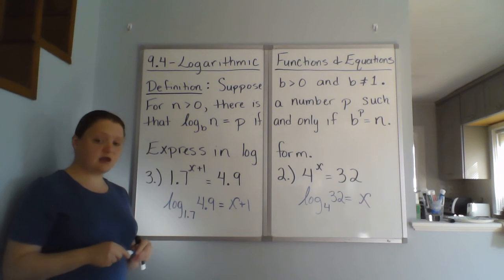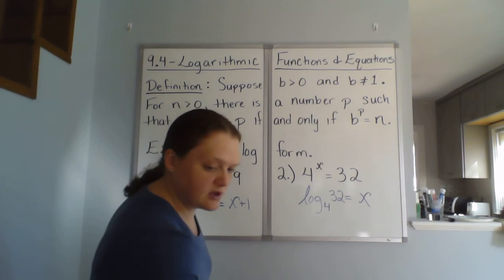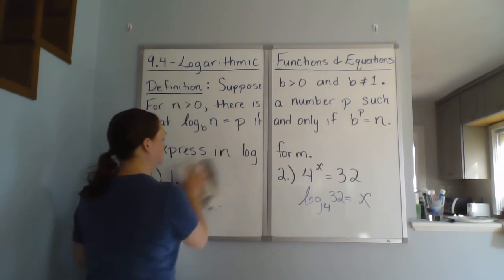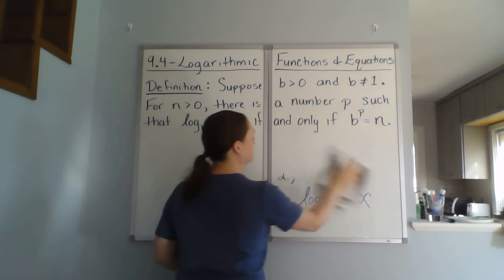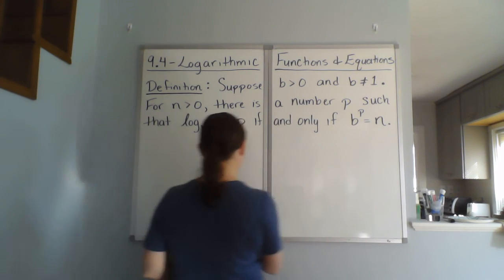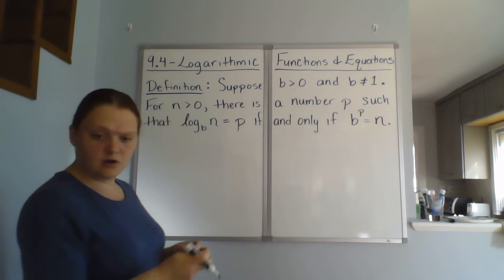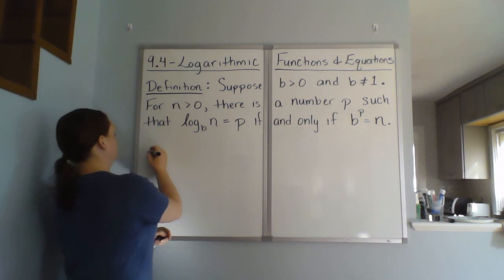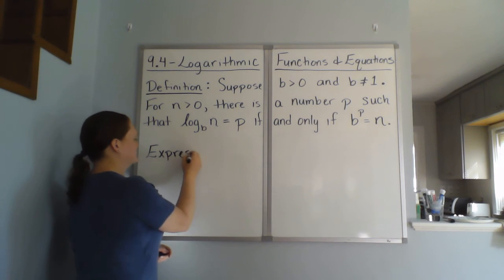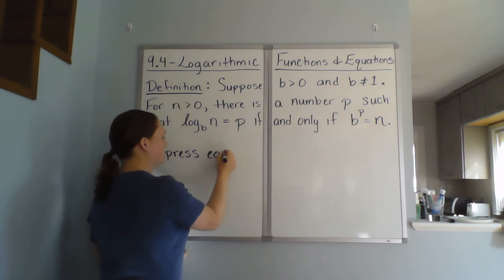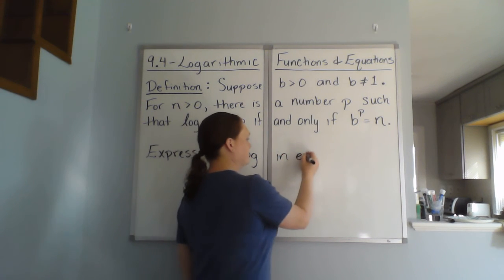So that's expressing from exponential into log form. And now we're going to work it the other way. I'm going to give you a logarithm. You need to write it as an exponential. We're going to do 3 of those. Express each log in exponential form.